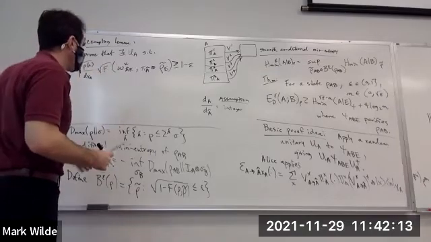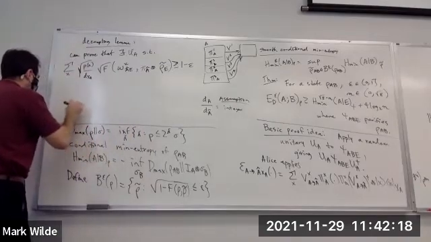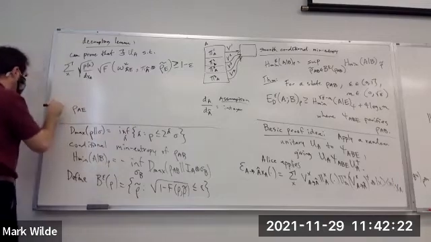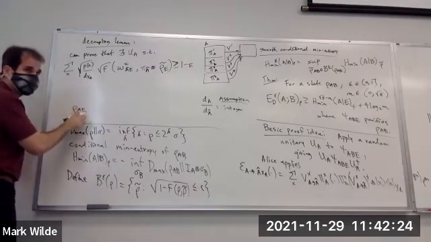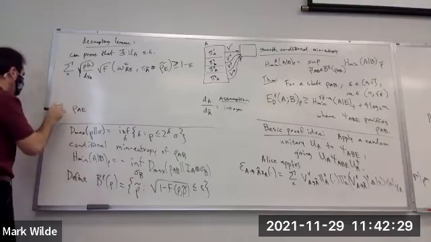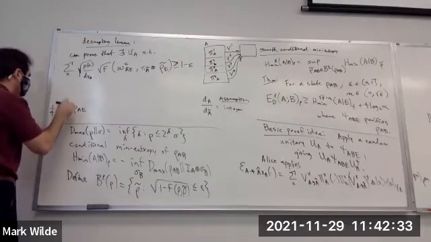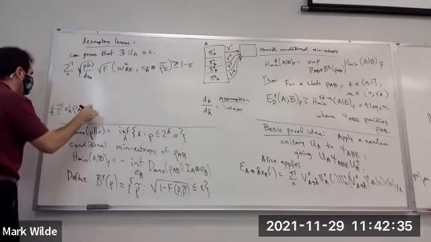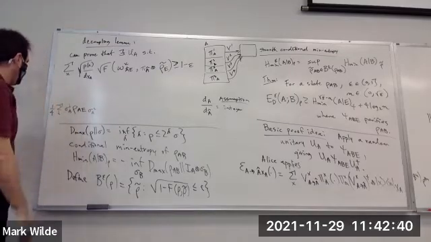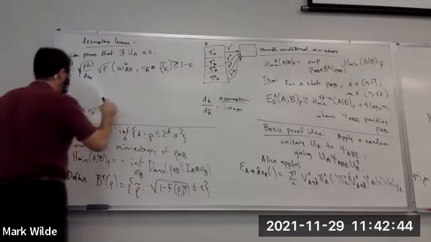Let me explain this a bit and just give you some basic sense. If we have a bipartite state, rho AE, and say that A is a qubit and E is a qubit, okay? And we apply a random Pauli operator, then what happens?